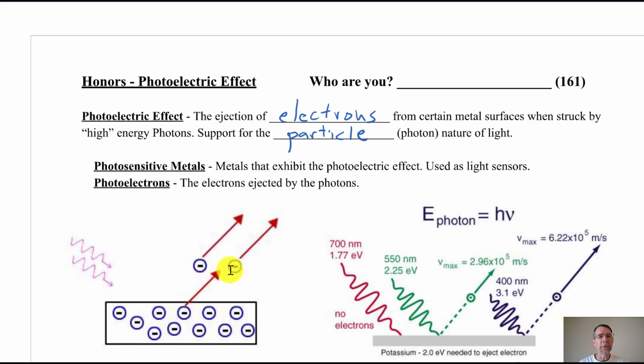So these two electrons here were released. They call them photoelectrons. Photoelectrons are electrons ejected or emitted. These two electrons came off that surface because some photons hit them and gave them energy to then escape that metal. It's a transfer of energy from the photon to the electron.